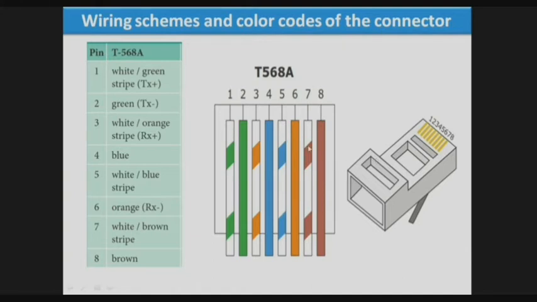These 8 wires are inserted in the 8 jacks of the RJ45 connector in the same order. For example, the first wire, that is the white green stripe wire, is inserted in the first pin. Likewise, the brown wire is inserted in the 8th pin.